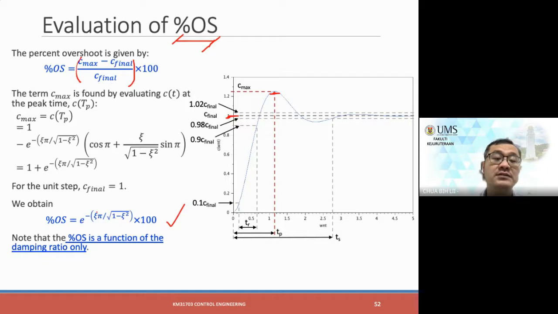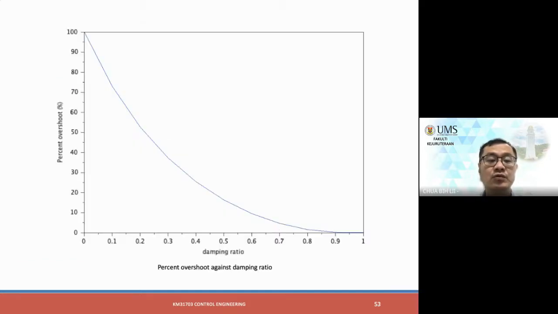Therefore, the formula only has the damping ratio, which is e to the power of minus sigma pi divided by the square root of 1 minus sigma squared. And since this is in percent, we multiply by 100 so that it is in percent form. So this is how we can evaluate the percent overshoot.